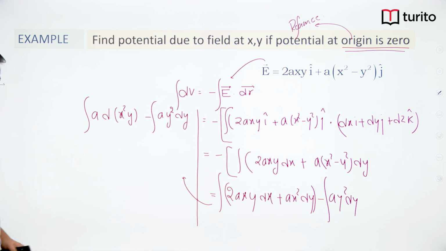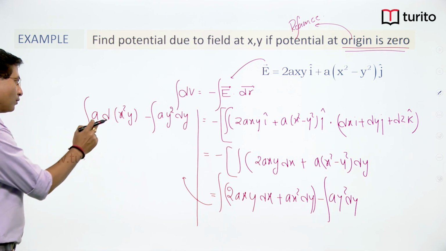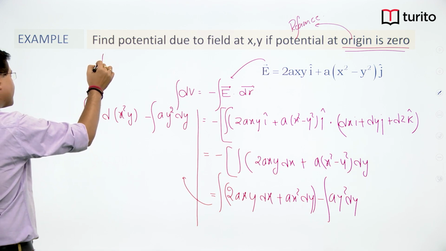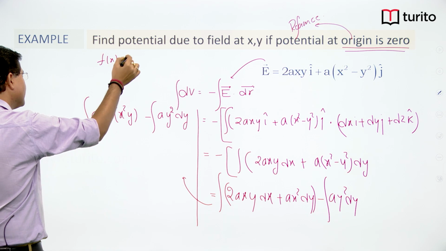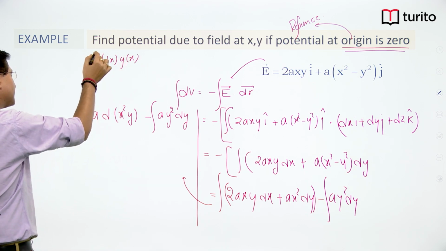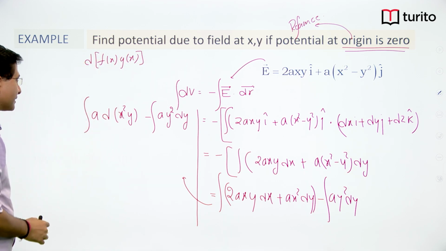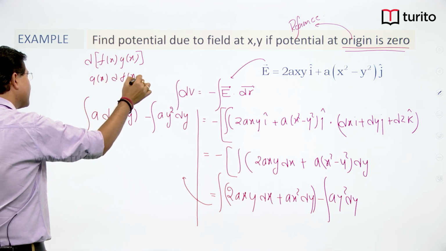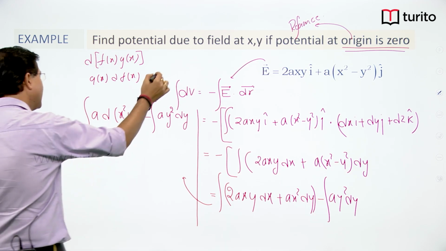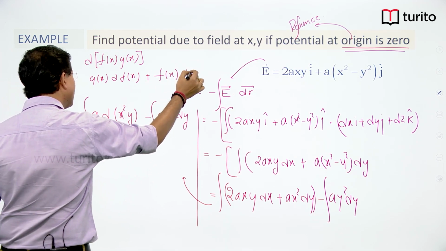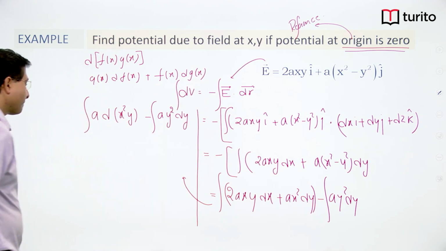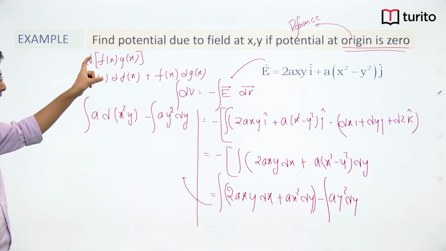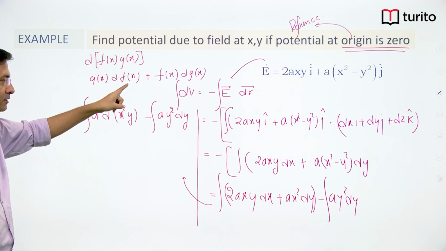I hope you are understanding what I am writing. So f(x) into g(x) form. So if we have something f(x) into g(x) form and I am differentiating it, then it is nothing but g(x) d of f(x) plus f(x) d of g(x). In differentiation you must have learned that any function in this form can be written in this way.